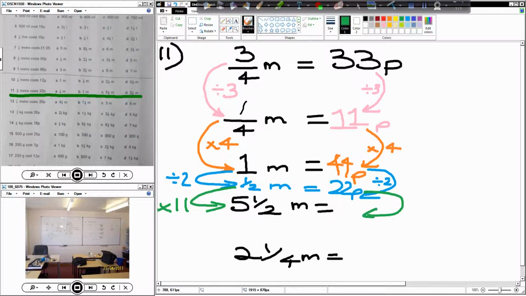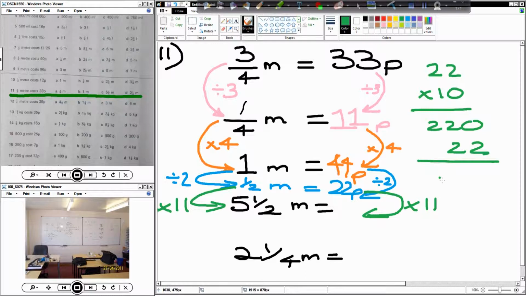So 22 times 11: 22 multiplied by 10 will give you 220, and then we add another 22 to it. 242. Okay, that's that one. Then the 5.5 meters is done.